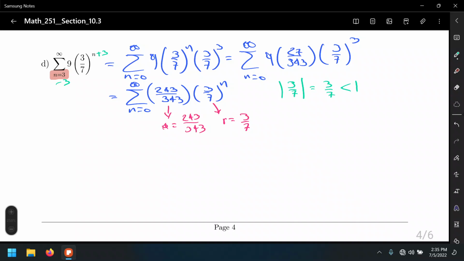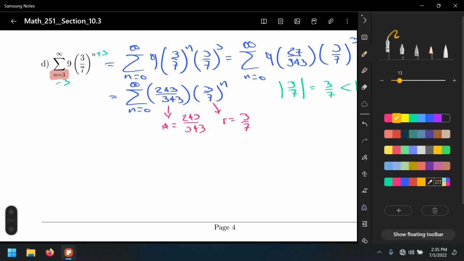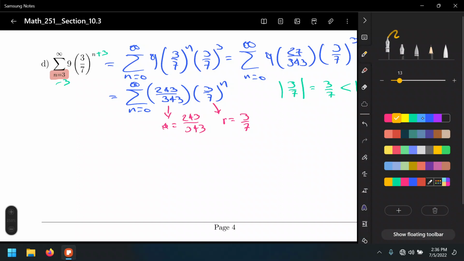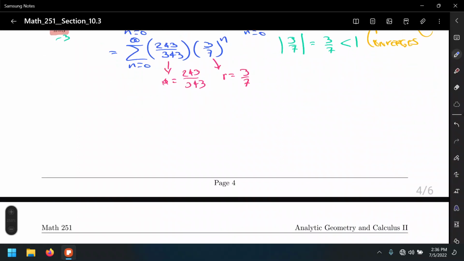For this reason, the series converges, and it's possible to find the infinite sum. So let's use the formula. S sub infinity equals a over 1 minus r, which is 243 over 343 divided by 1 minus 3/7.